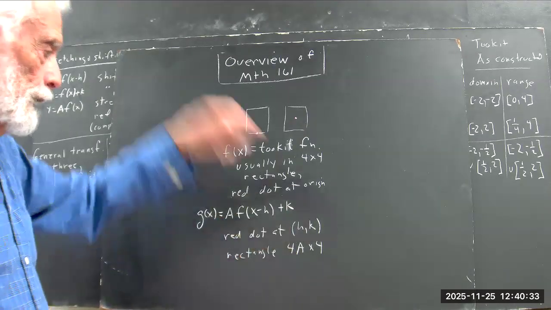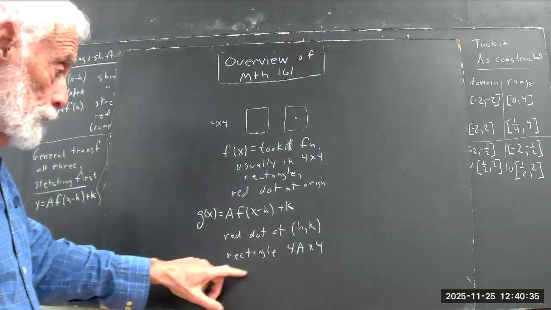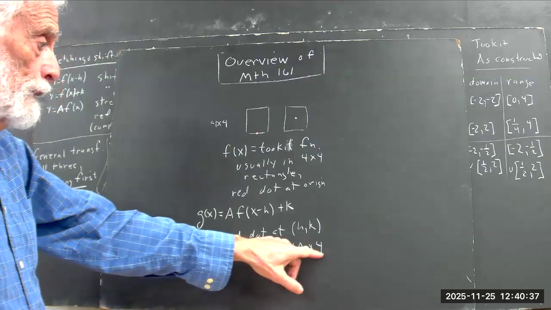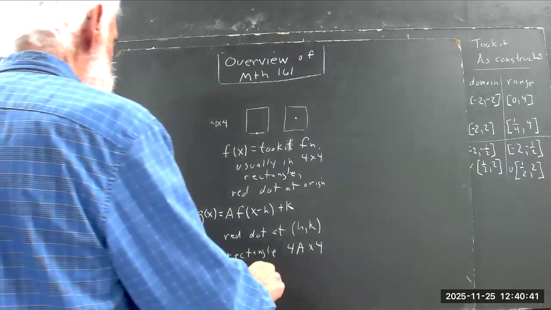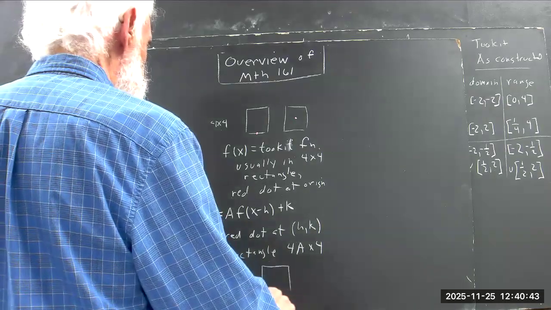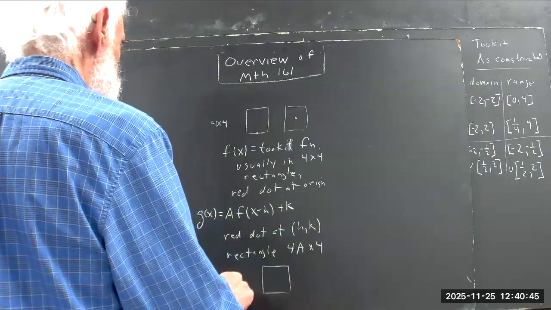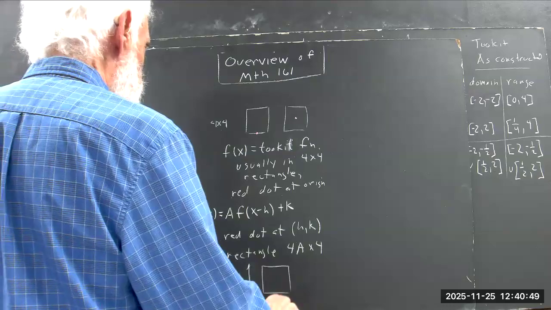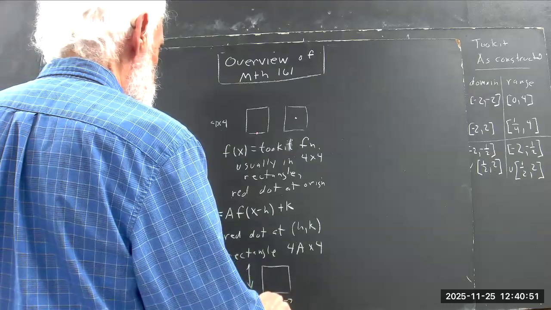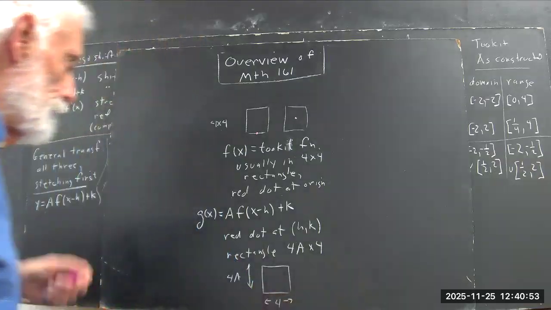The red dot would move to h, k. The rectangle would be 4a by 4. So 4a this way and 4 this way.